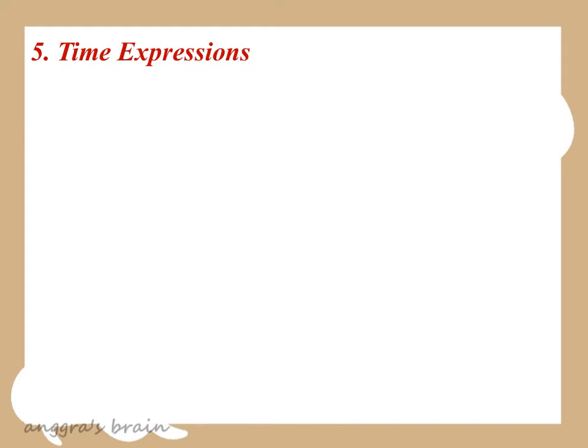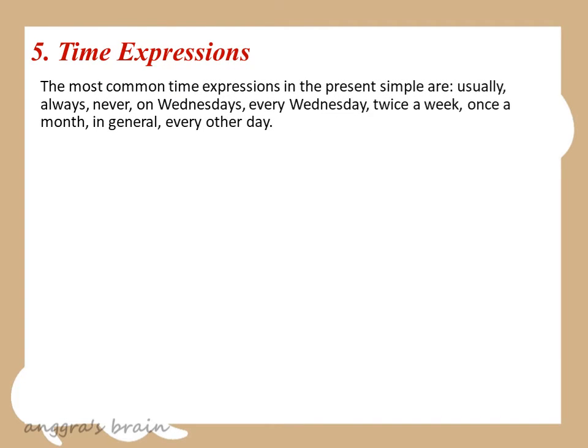The last one is time expressions. The most common time expressions in the simple present are usually, always, never, on Wednesday, every Wednesday, twice a week, once a month, in general, every other day.